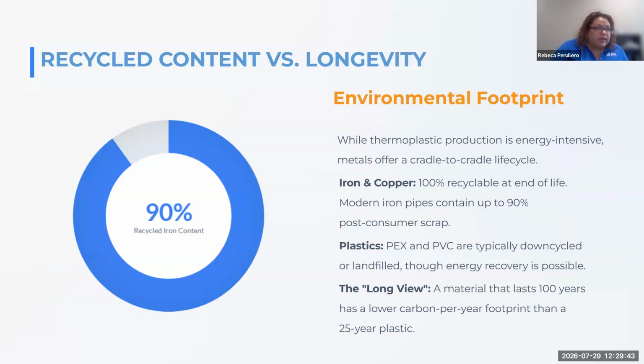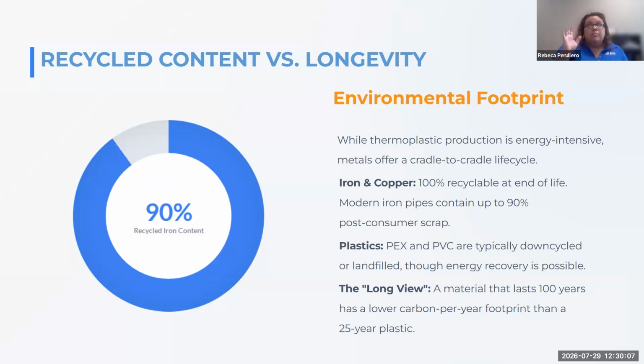So, recycled content. I did a little more research because a lot of our presenters over the past couple of weeks talked about recycled content, and there was a big conversation around domestic versus non-domestic manufacturers. I confirmed some of these details.